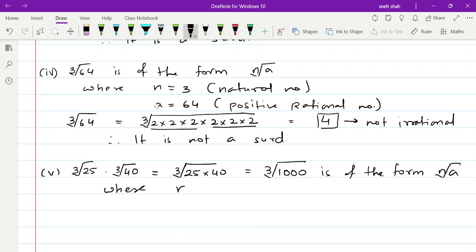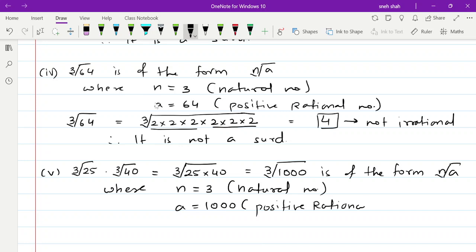And this is of the form nth root a, where n is 3, which is a natural number, and a being 1000 is a positive rational number. Now, if we solve cube root of 1000 with the prime factorization, then we get something like this.